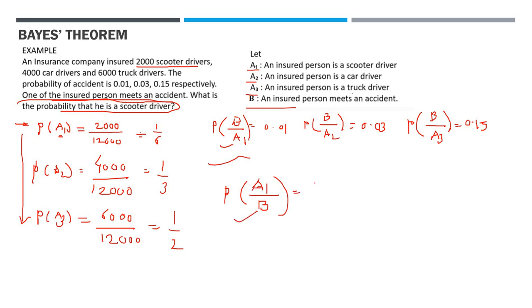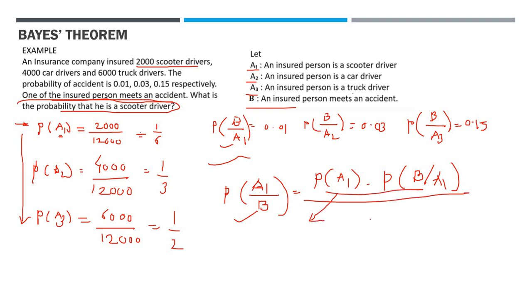So using Bayes' theorem, how can we write this? Probability of A1 multiplied by probability of B given A1, divided by the total thing, which is the same here: plus P of A2 times P of B given A2, plus probability of A3 multiplied by probability of B given A3.